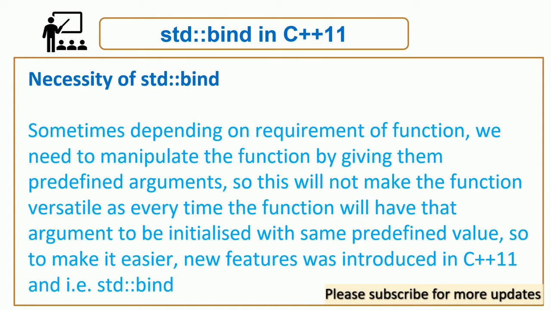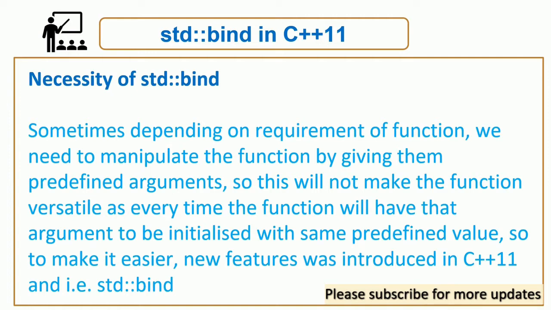So there is no versatility in your function. Every time the same argument will be initialized with that predefined value. You cannot modify your function, you cannot manipulate it. All the things will happen again and again with the same value.